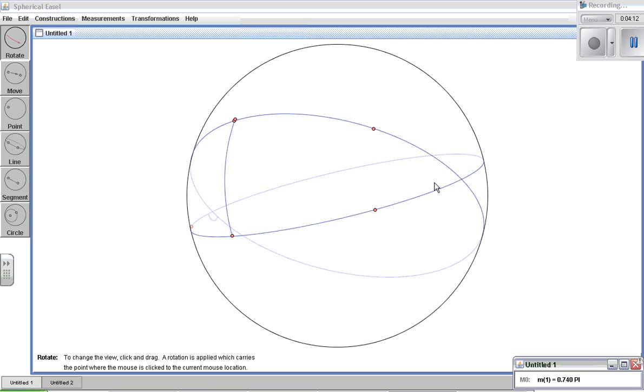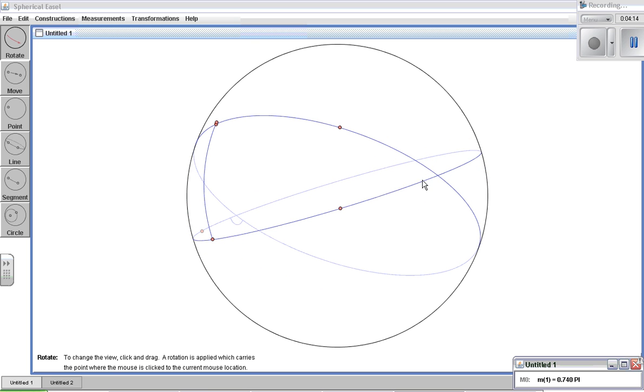Same thing here. And obviously this angle is not 0, so the sum of the measures of the angles is more than 180.